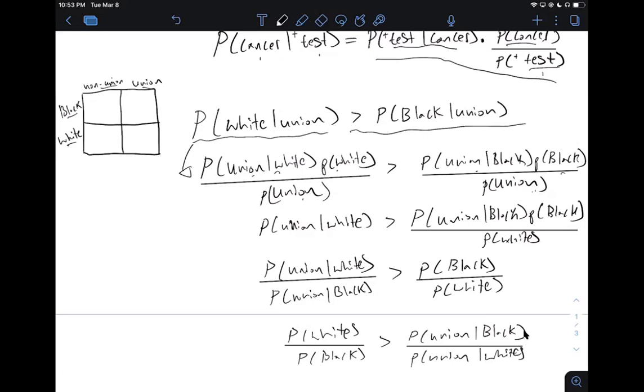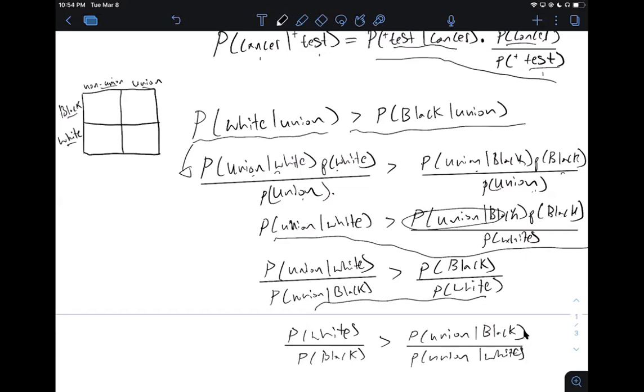And then we multiply both sides by the probability that you're a union member, getting it out of the denominator of both sides. And then we also move over the probability of white by dividing it. So we end up with this here. Then finally we divide both sides by the probability that you're a union member of black, coming up with this term here.